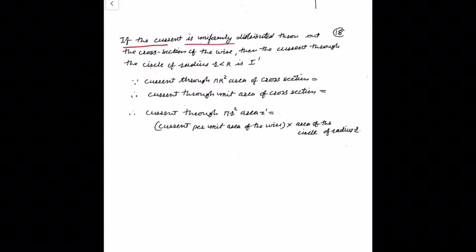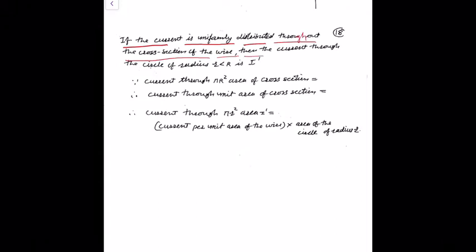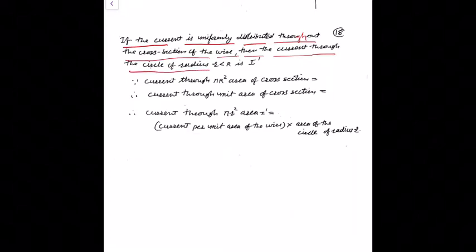If the current is uniformly distributed throughout the cross section of the wire, then the current through the circle of radius small r, less than capital R, is I dash.